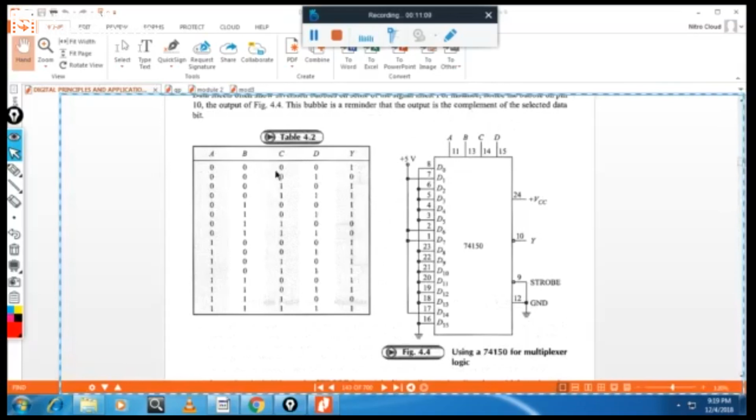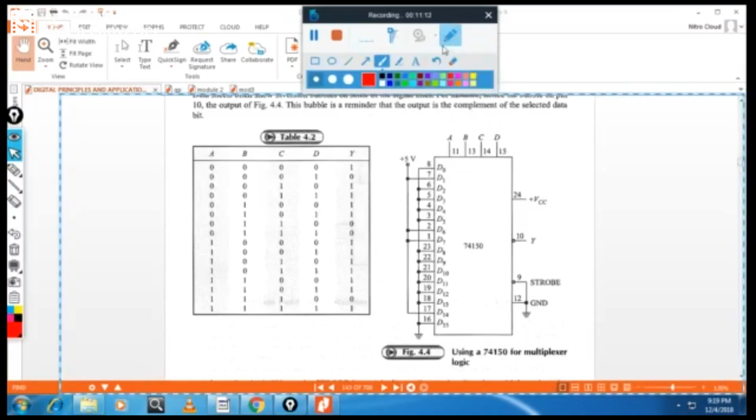For example, for 0000 the output is 1, for 0001 the output is 0, something like that. I have to implement this, so I will use a 16:1 multiplexer with 4 control lines A, B, C, D. No need to write the pin numbers. You write D0 to D15, the 16 data lines.